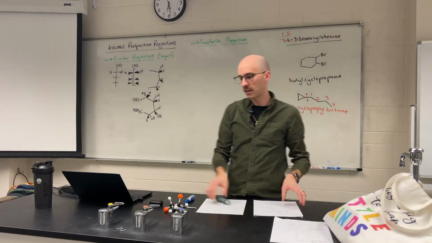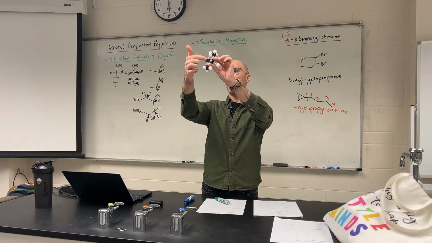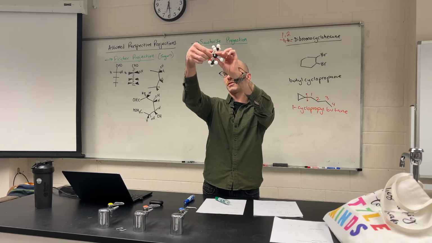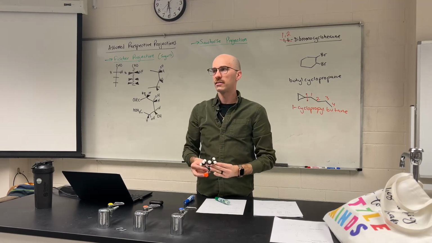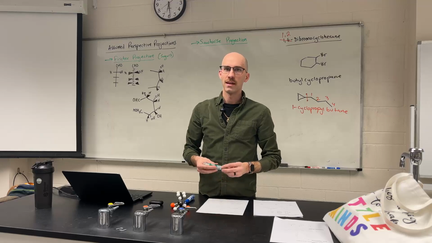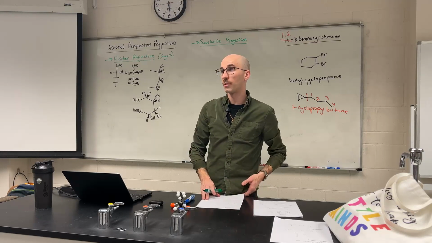So we can actually represent different pieces of information about these three groups and how they're able to rotate through space on this sawhorse projection. But you're really going to use it so little, I'd rather you take it as a chance to practice nomenclature.